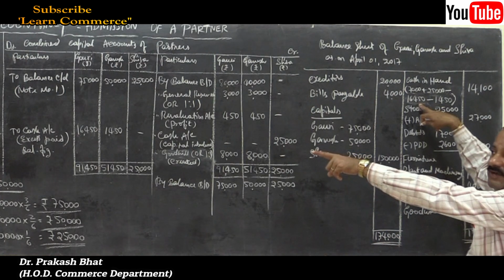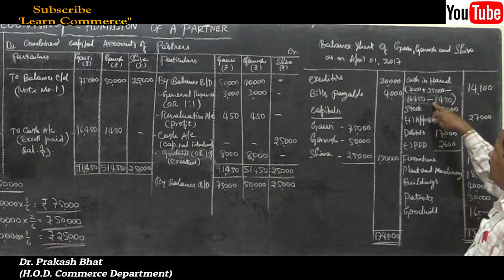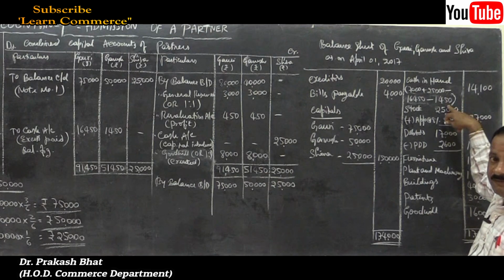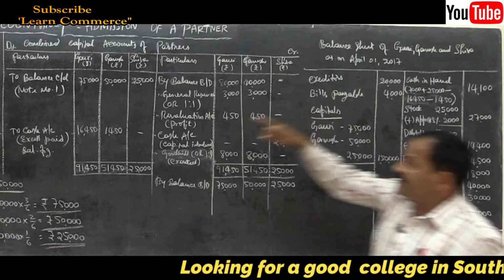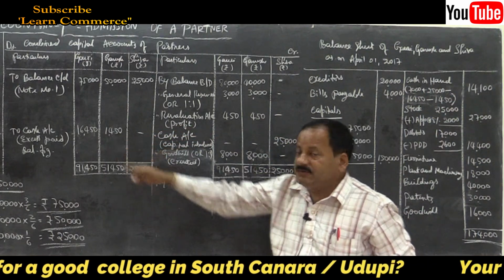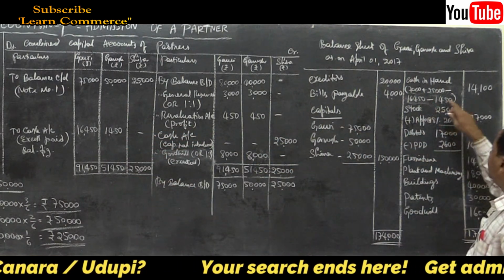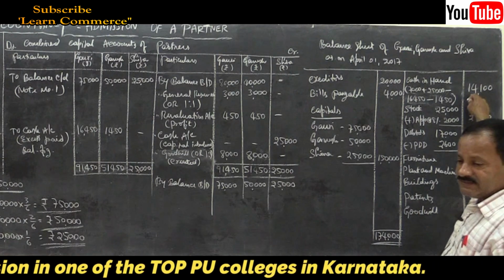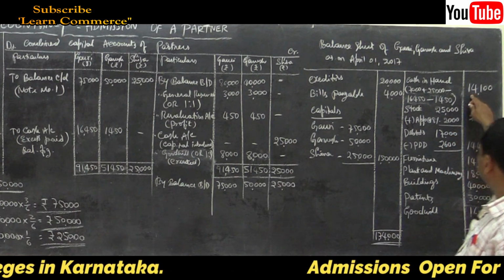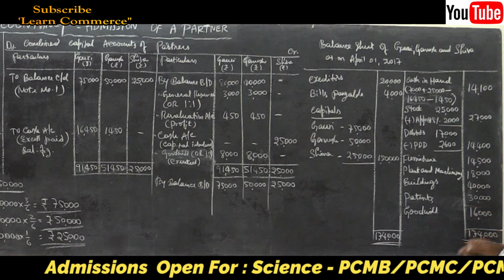Minus 1,450, that is excess amount paid to Ganesh. So ultimately the cash balance will be 14,100. Then all others remain as they are.